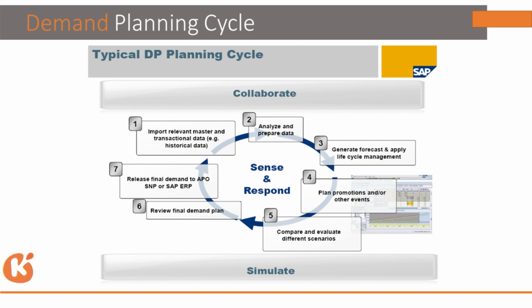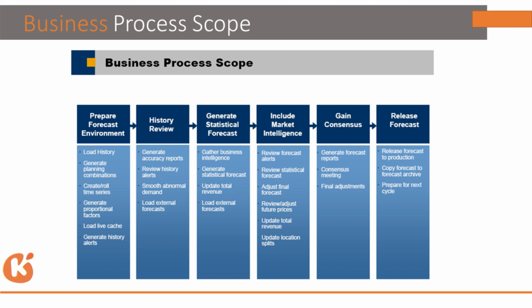In more detail, first prepare a forecast environment, like setting up master data and transactional data. To run any tool, you need master data and transactional data. For what products and what locations you want to do the forecast, that is your master data. I need 36 months of history data to generate a forecast, so that is your transactional data.